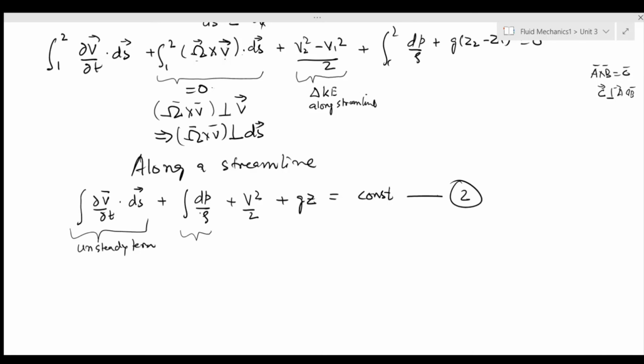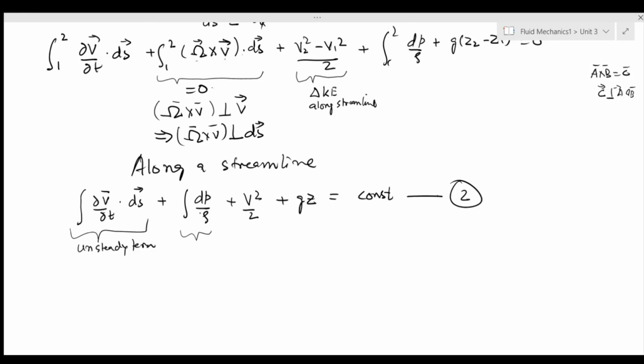So this is a general form of Bernoulli's equation, and generally what you would see in the book or at this stage in other places is that form written for steady incompressible flow. So don't confuse yourself that Bernoulli equation can only be applied to steady and incompressible flow.